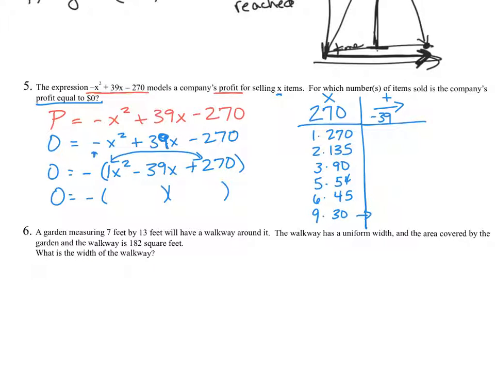But it's negative, so that means both of them have to be negative to get a negative 39 there. And then we have negative times negative is our positive 270. Okay, so it looks like we can do that. Negative 9 and negative 30.